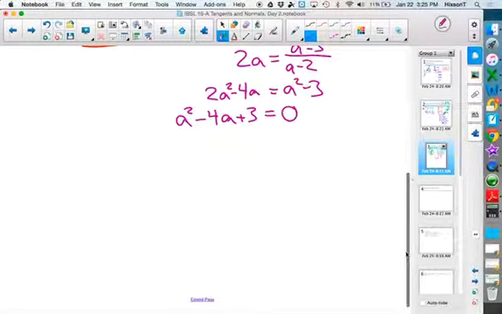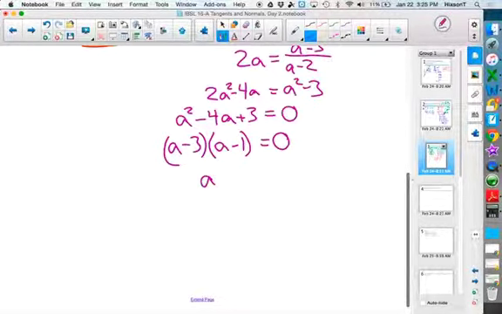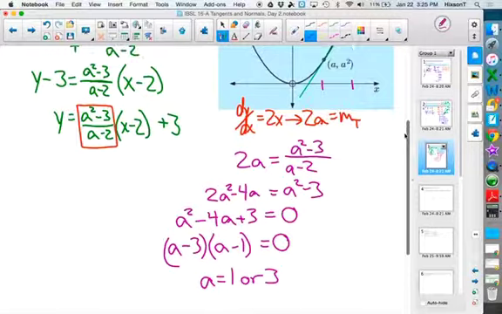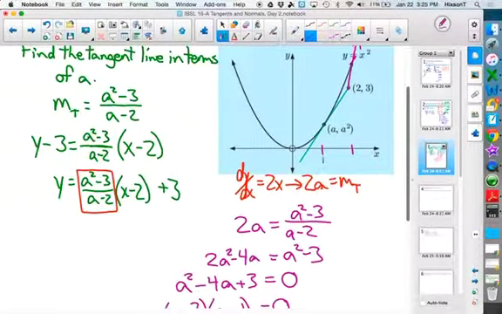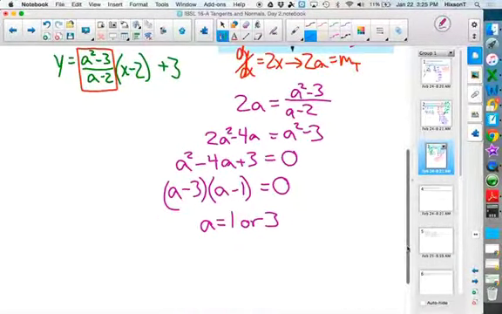So if we factor this, we get (A minus 3) times (A minus 1). So A is 1 or 3. Check that out. Here's the 1, and here's the 3. So there are actually two different tangent lines to the curve that go through that point.